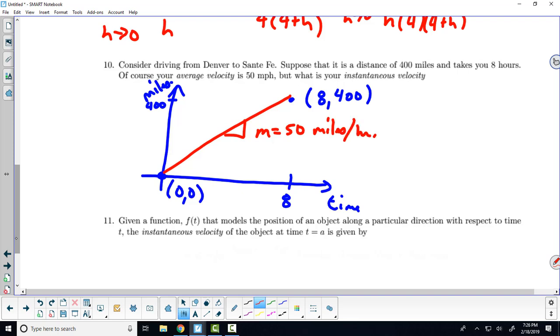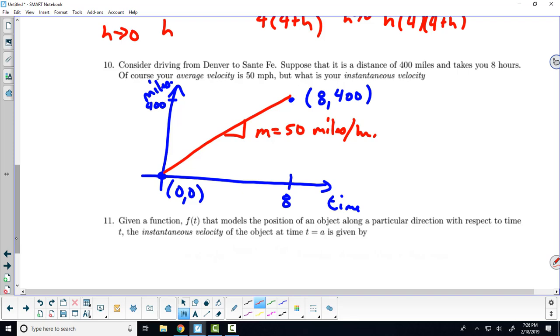As a reminder, to calculate average rate of change, you simply take the slope of these 2 points. At 0 hours, we've traveled 0 miles, and at 8 hours, we've traveled 400 miles. Compute the slope of that, and you've got your average rate of change, your average velocity.